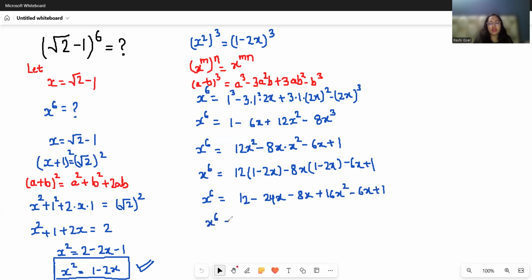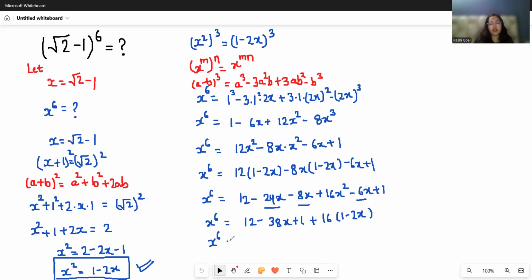So x power 6 equals 12 minus 24 minus 8 minus 6 is minus 38x, plus 1 plus 16, and in place of x square again I can write it as 1 minus 2x.